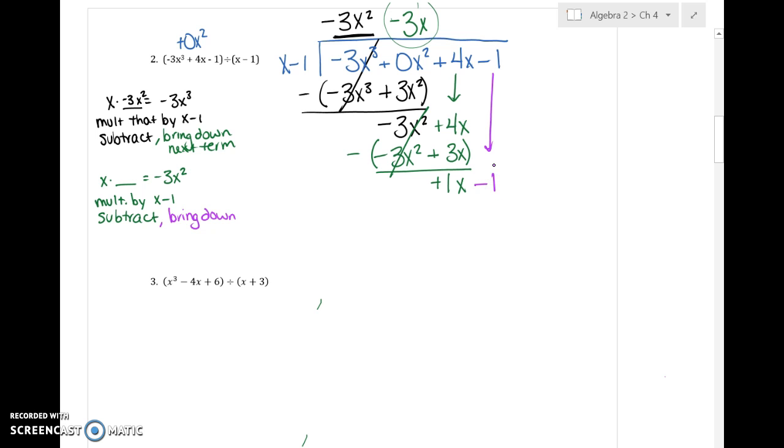Then we start the next cycle. X times what is going to give us positive 1x? 1. So we put plus 1 up here. Multiply by x minus 1. 1 times x is 1x. 1 times negative 1 is negative 1.